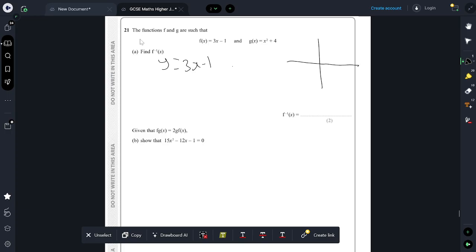Say if you have a function that looks like this, where y is f of x. Now, if we find the inverse, that's the same as reflecting in the line y is, I believe, minus x.